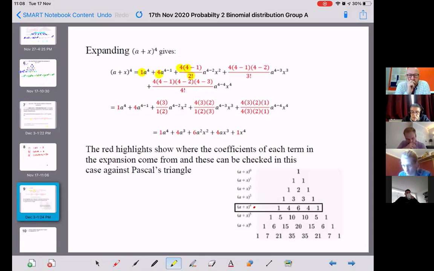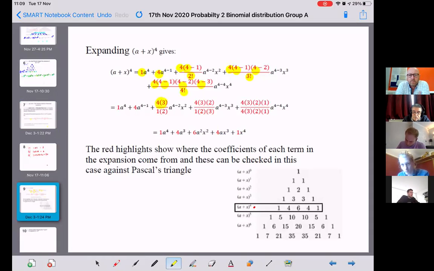In the fourth term, we've got 4 times 4 minus 1, 4 minus 2 over 3 factorial. And then lastly, 4 times 4 minus 1, 4 minus 2, 4 minus 3 over 4 factorial. We can simplify those out.